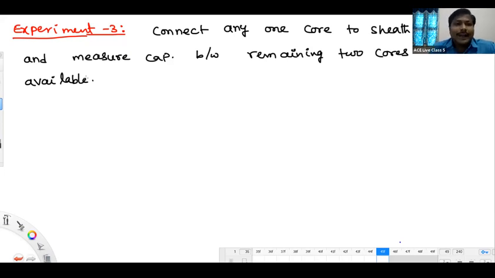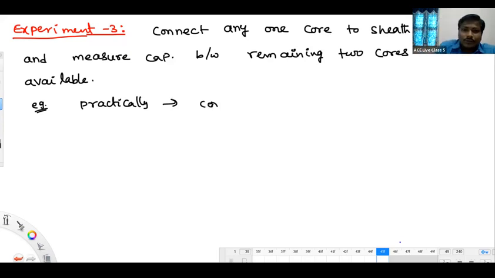Practically in the lab, let's assume that any one of the cores, say core 2, is connected to sheath. Then we have to measure capacitance between 1 and 3.